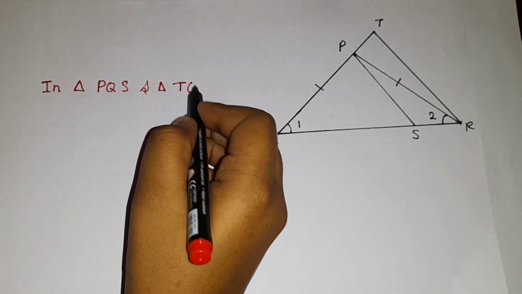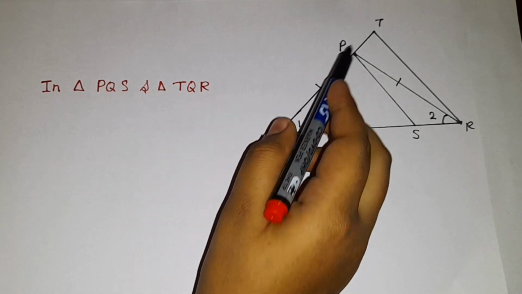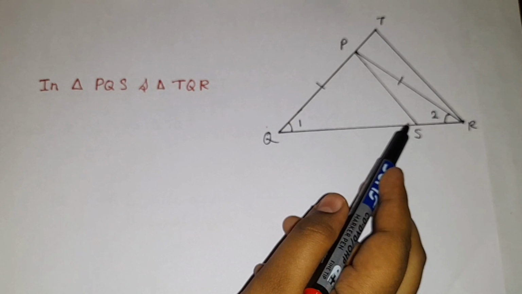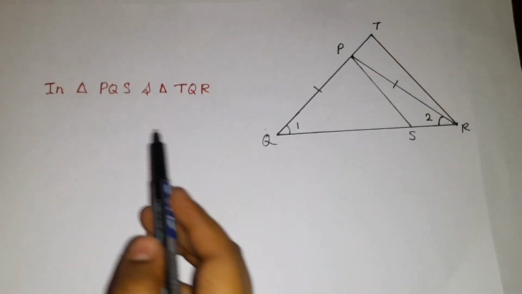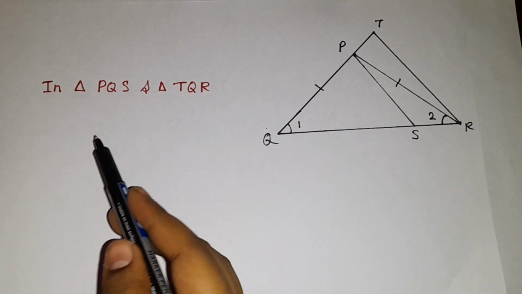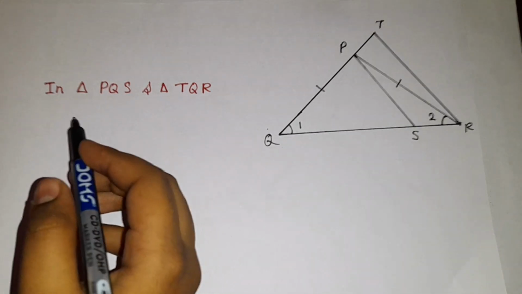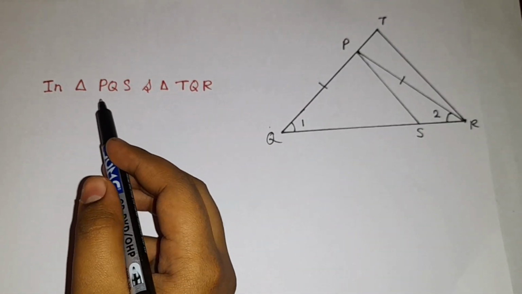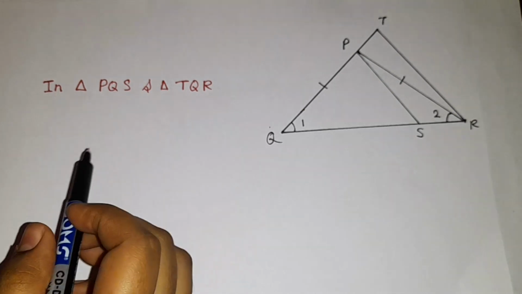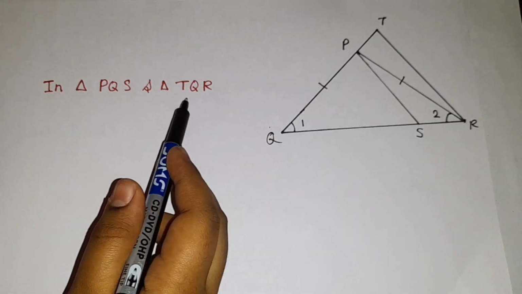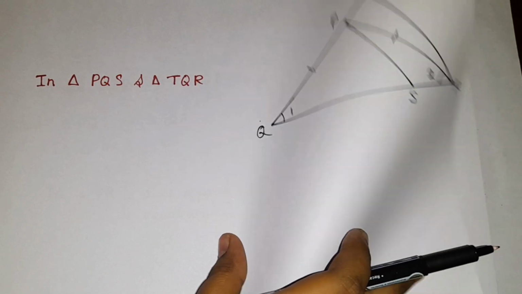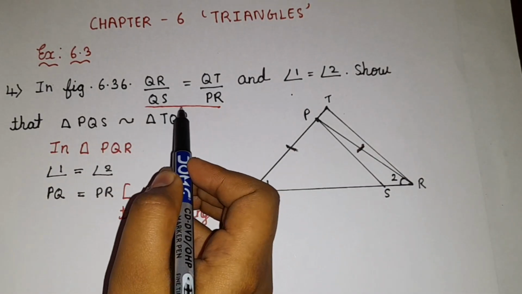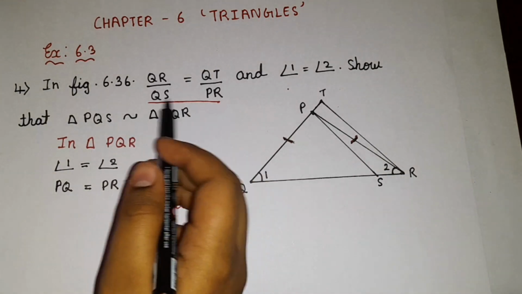I am just taking TQR and PQS, two triangles, because then only we can say it is similar. So what things are there in triangle PQS and TQR? We can write this value and use it.